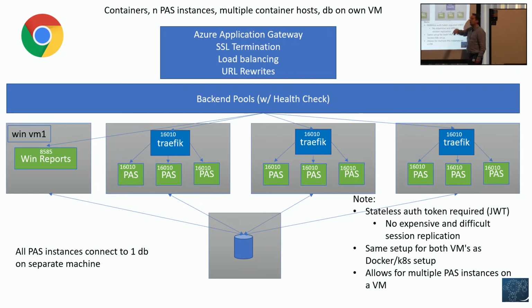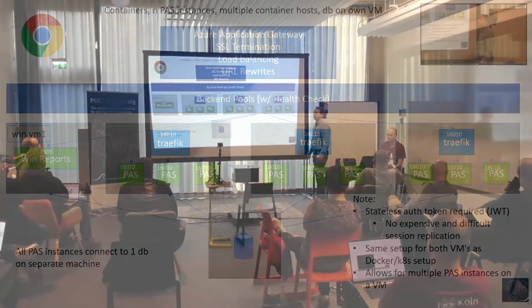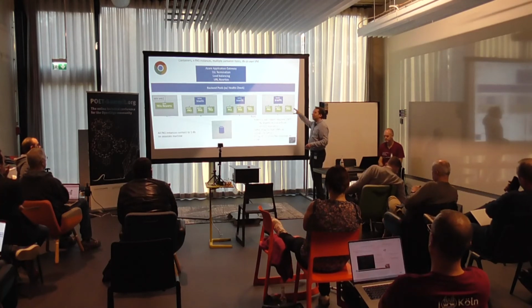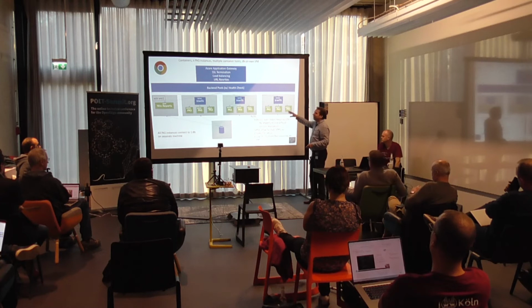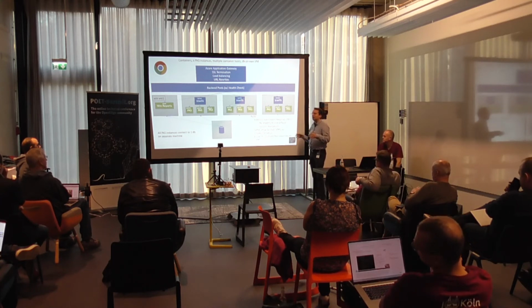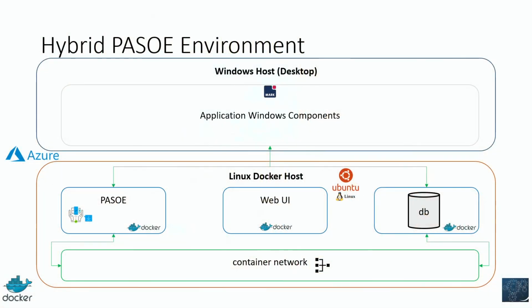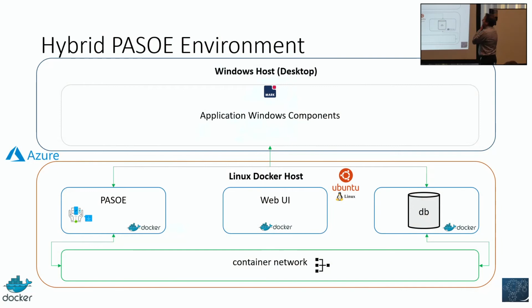But we did our homework, and because we did the stateless tokens, this is all possible. So you can grow from very simple to rather complicated stuff. And when it's getting this complicated, you're probably looking at other deployments than just virtual machines, and that's where Kubernetes comes in. But I think that's for another story.